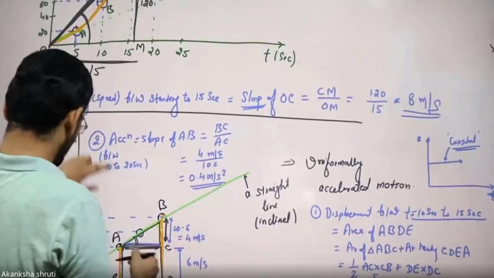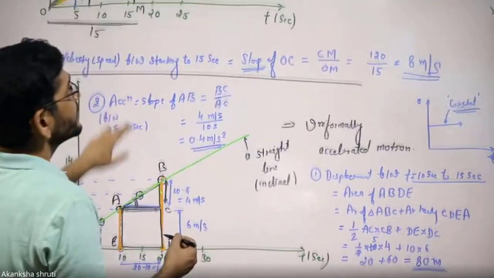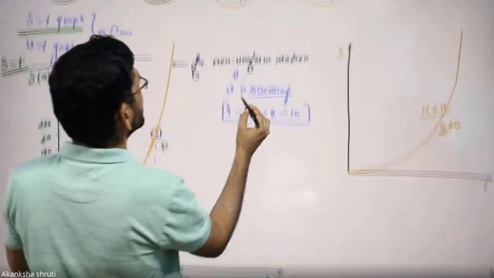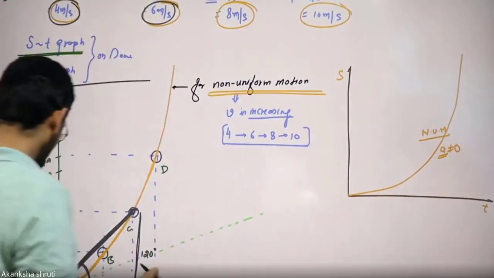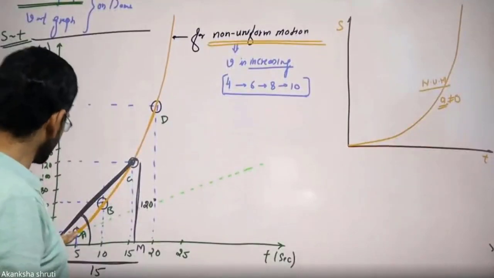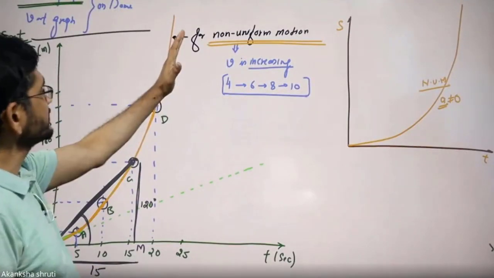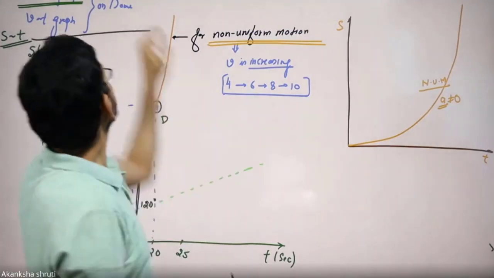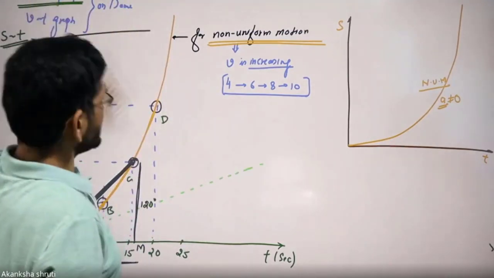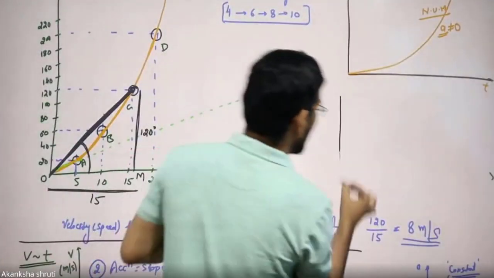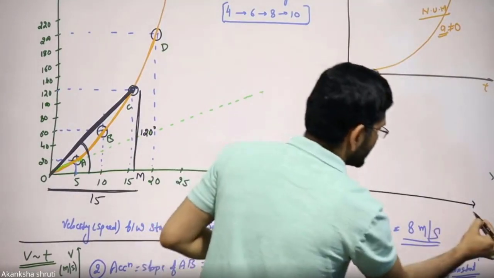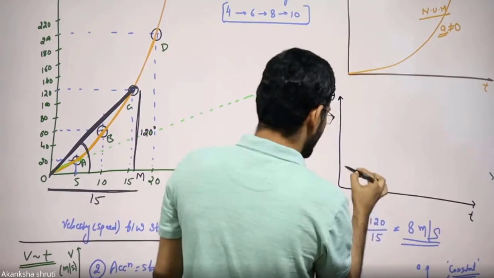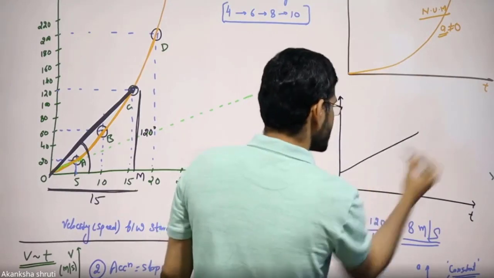So this is the velocity time graph for non-uniform motion, where the distance time graph is a curved line upward. So in this case, the velocity time graph that we are going to get means V here, T here, is continuously increasing like this.